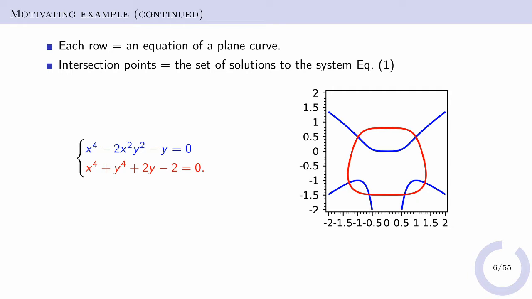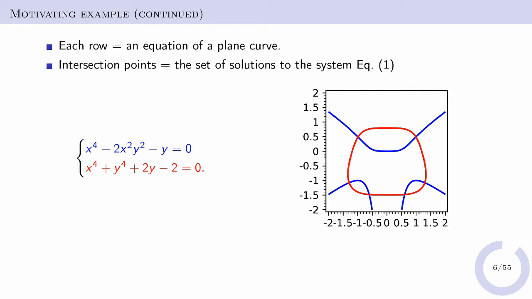It follows that the solutions to the system of these two equations are precisely the points where these two curves intersect, because these are the points where both equations are satisfied simultaneously.